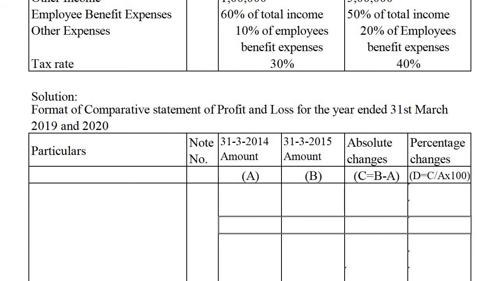So it is ready. See, 2019 and 2020, previous year and current year. So let us write the first item. First item will be, yes, revenue from operations. Revenue from operation is there in the question.